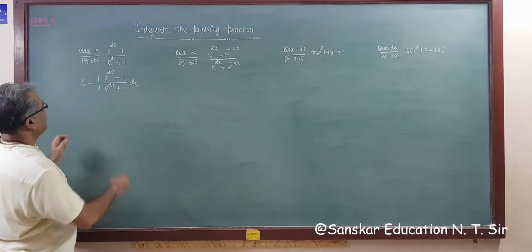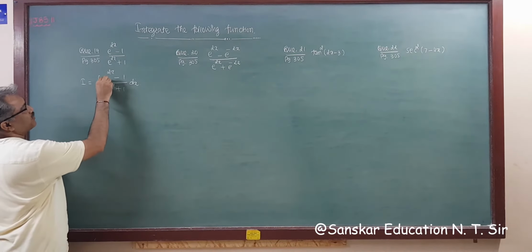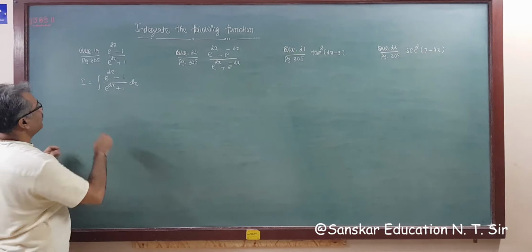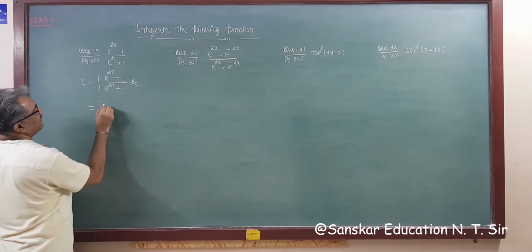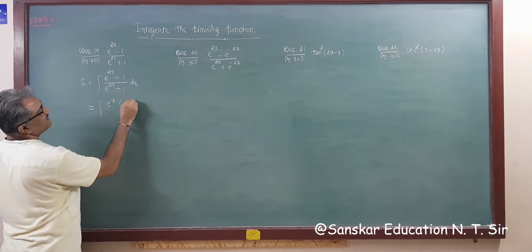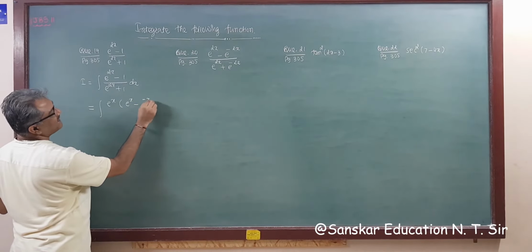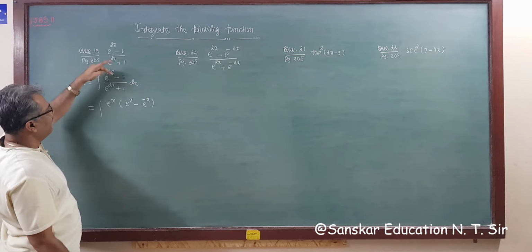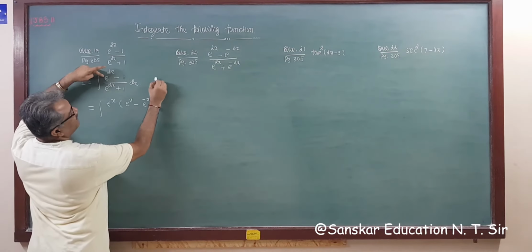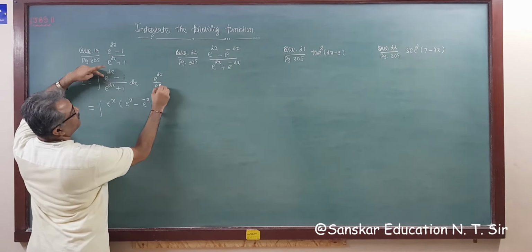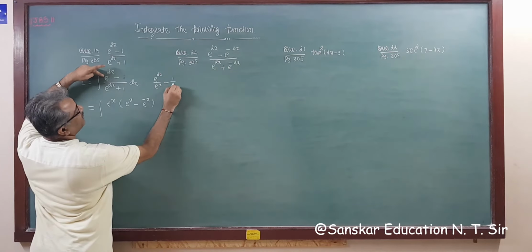See how. Taking e raised to x common from the numerator as well as the denominator, the numerator becomes e raised to twice x upon e raised to x minus 1 upon e raised to x.